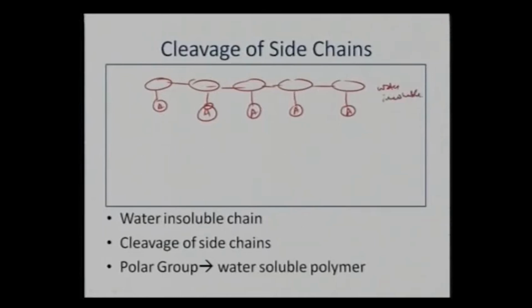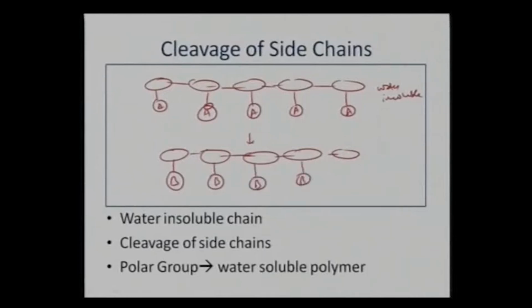But in the process, the cleavage of the side chains can form something which is much more polar, or much more charged. So the overall basic chain, the backbone of the chain, remains as it is, but the side groups now become charged. So now we have polar groups attached out here, and that makes the chain water soluble.